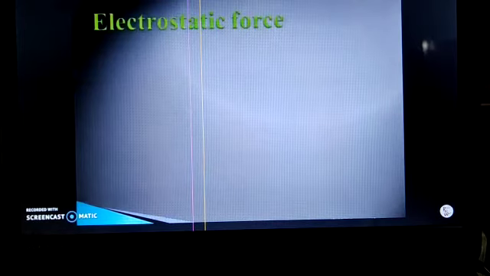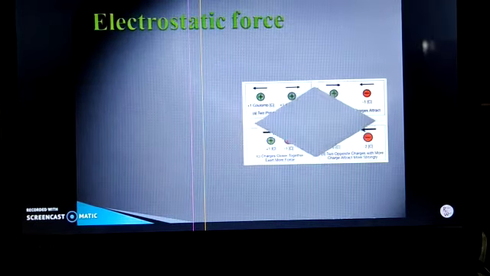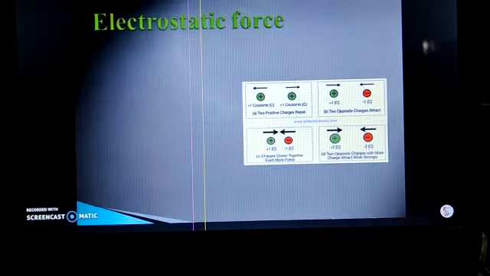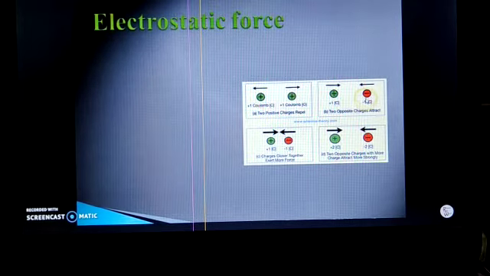Now next is electrostatic force. So this is an example of electrostatic force. Do not confuse. You don't have to study this in your book.